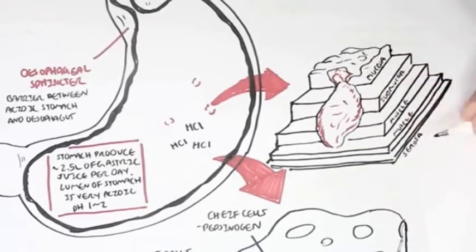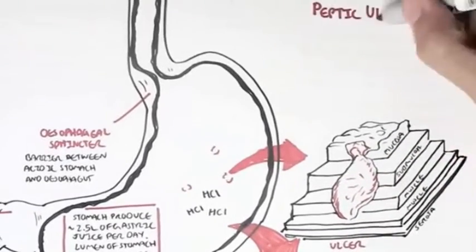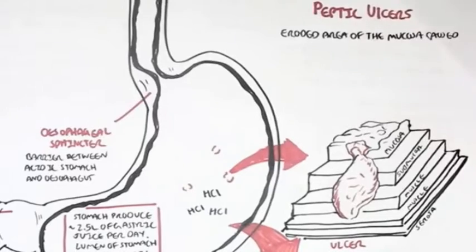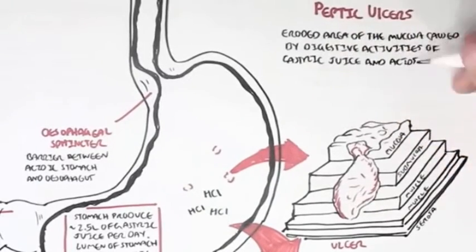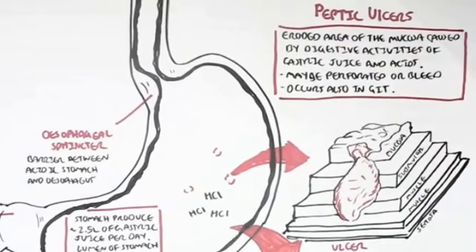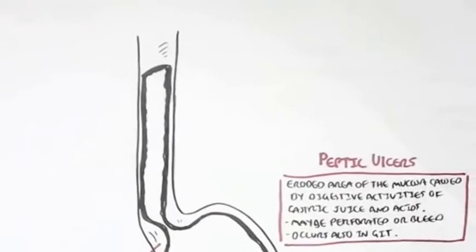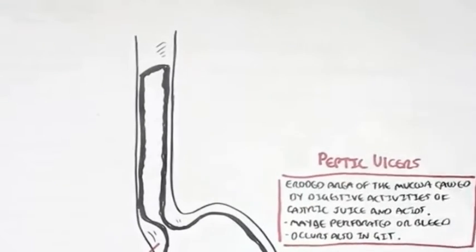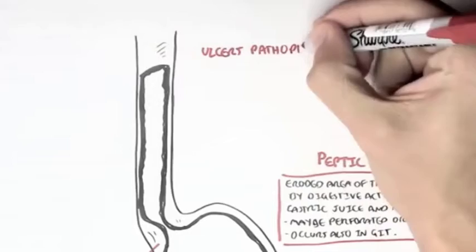Peptic ulcers are eroded areas of the mucosa caused by digestive juices and acid, which may be perforated or bleed. Peptic ulcers occur particularly in the stomach, but ulcers can also occur anywhere along the gastrointestinal tract, including the duodenum. The pathophysiology of peptic ulcers is straightforward.